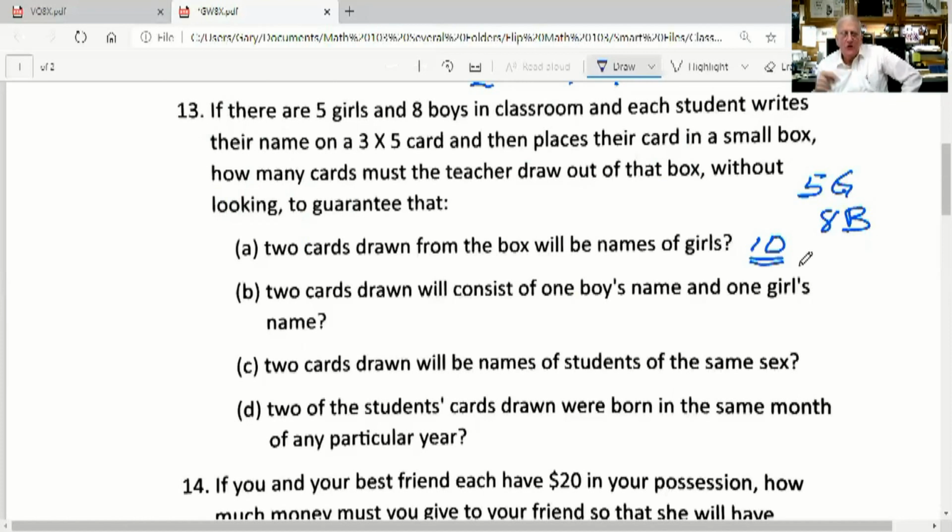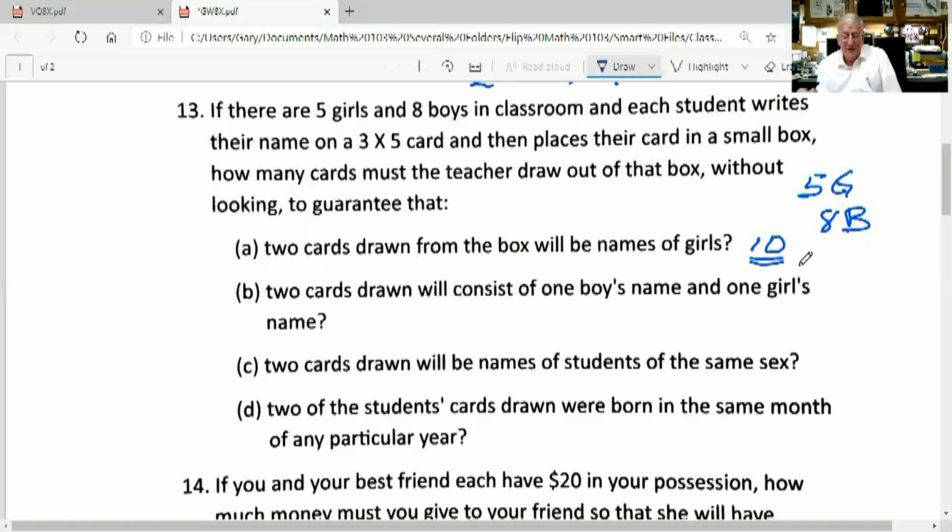If she drew out the girl cards first, there would be 5 cards she would have drawn. She'd have to draw 1 more to get a boy card. So then she would have drawn 6 cards, right?